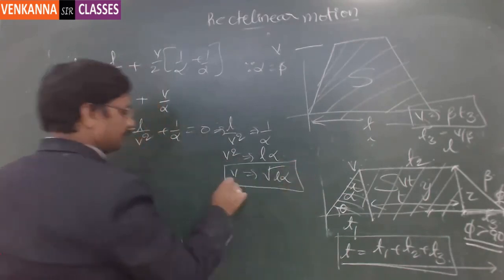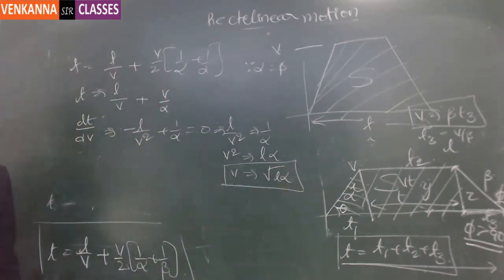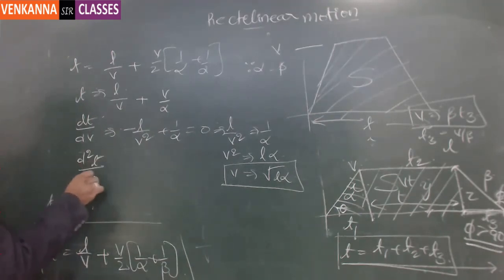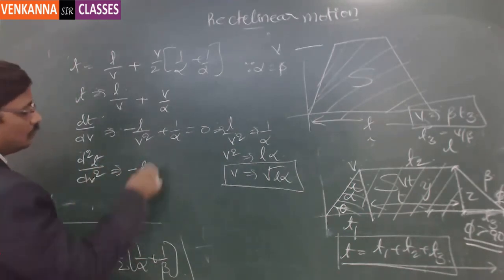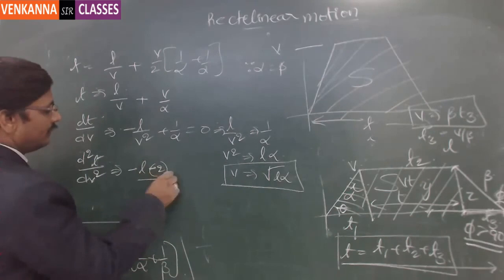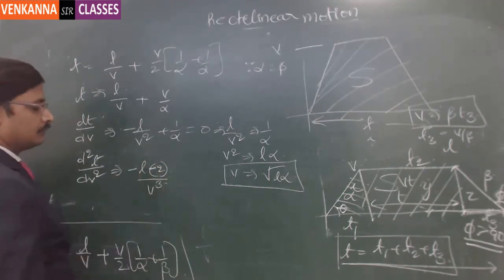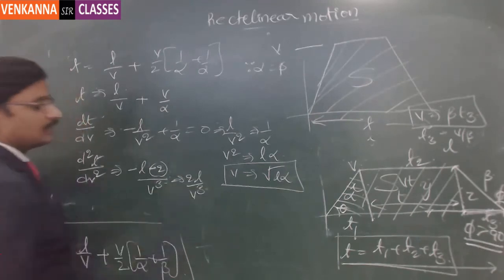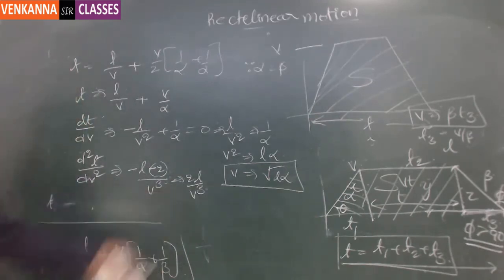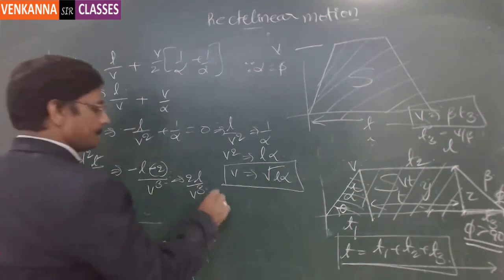This is the velocity. Now if I put it here, I can find d square T by dV square, which is minus L into minus 2 divided by V cube, and this value 2L by V cube, V being the velocity positive, is a positive value.